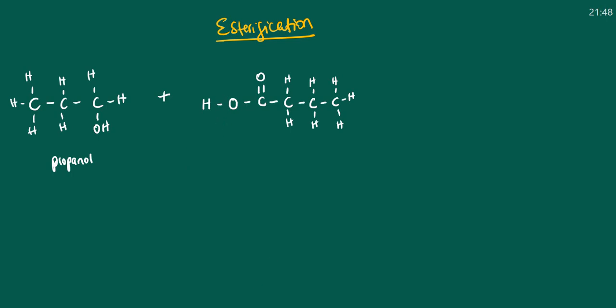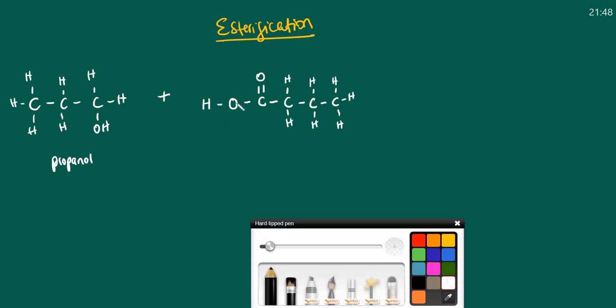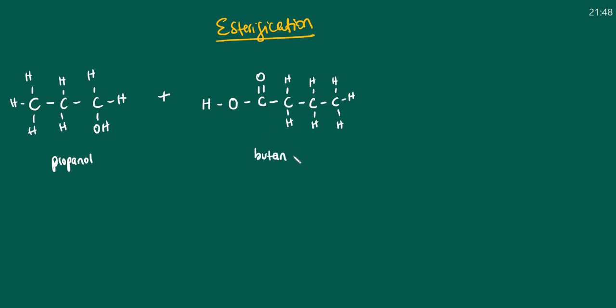So the name of this one is just 1 2 3 4. That will be butanoic acid. What is going to happen when it meets this guy?